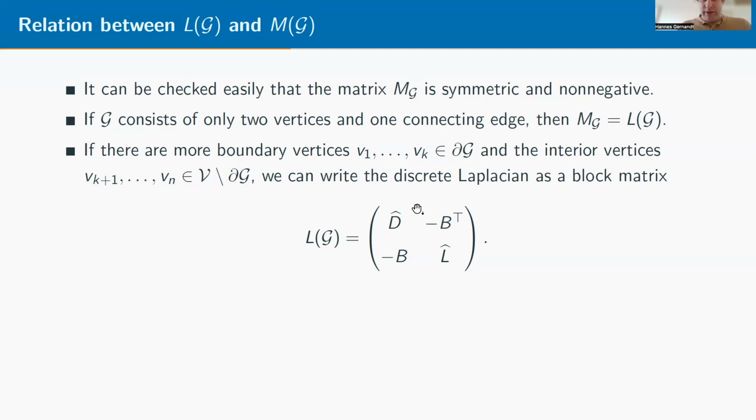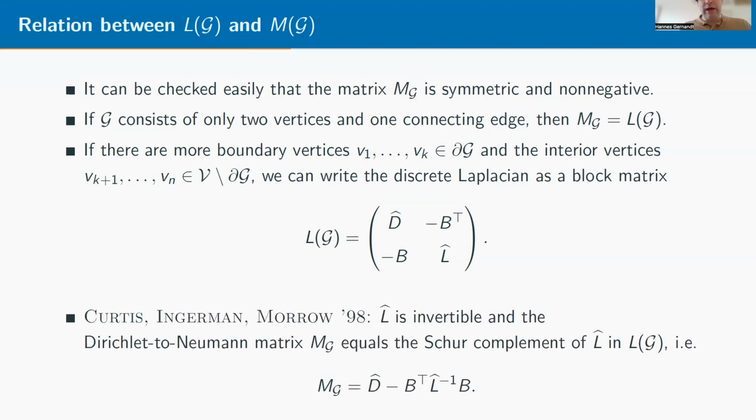And here we have then just the weights of the edges at the boundary, the boundary edges. And then we have the remaining graph Laplacian, so to say. So here, this part corresponds to all other vertices which are not boundary vertices. So you can always write a graph Laplacian in such a way.